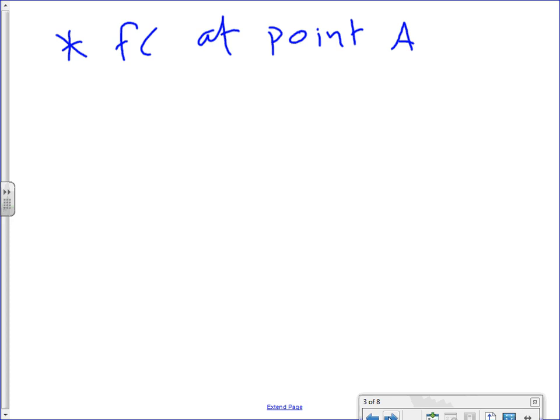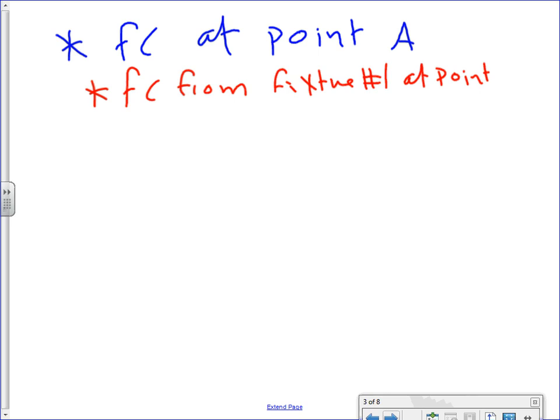So really, you don't need to even do that, but let's go ahead. Foot candle at point A. Everybody knows where point A is, right in front of you. The first thing we need to find, guys, is the foot candle from fixture number 1 at point A. As you guys know, we're calling this one Q. What Q is that?